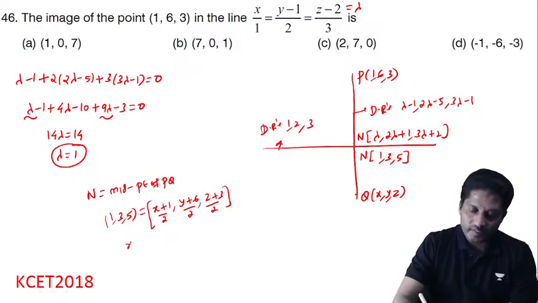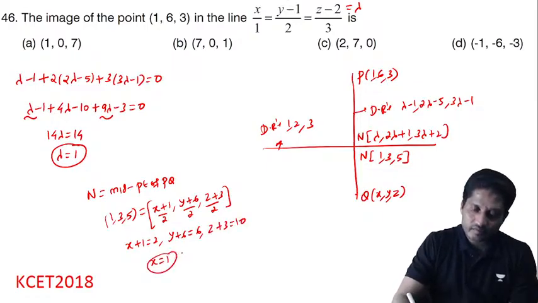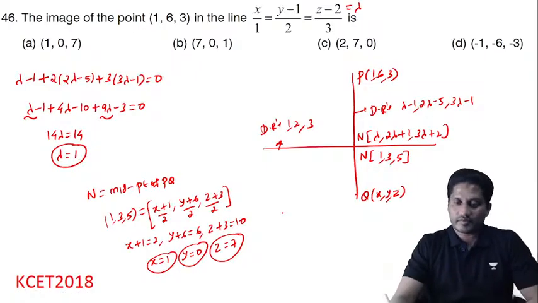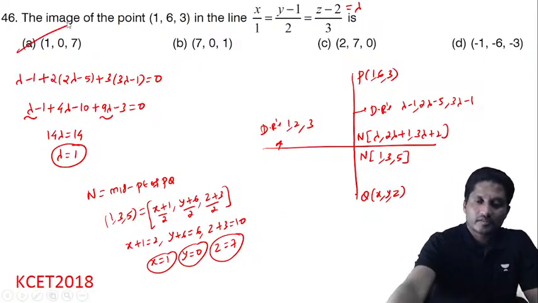If I cross multiply, x plus 1 is 2, y plus 6 is 6, z plus 3 is 10. We get x is equal to 1, y is equal to 0, z is equal to 7. The answer is 1, 0, 7. First option. Move to the next question.